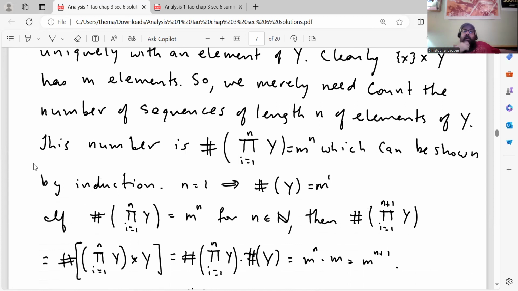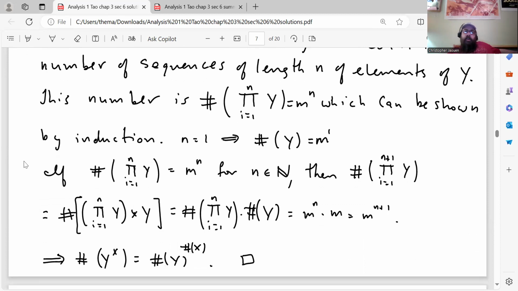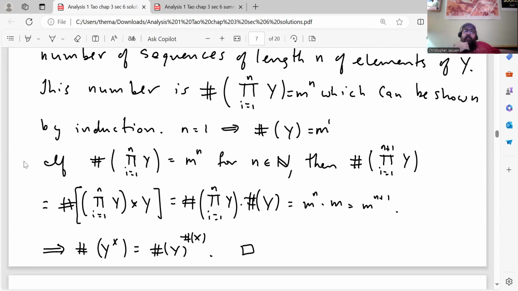This number is the cardinality of the Cartesian product of Y with itself n times, and that cardinality is m to the n, which can be shown by induction, which I do here. So if n is 1, the cardinality of Y obviously is m to the first power, right?